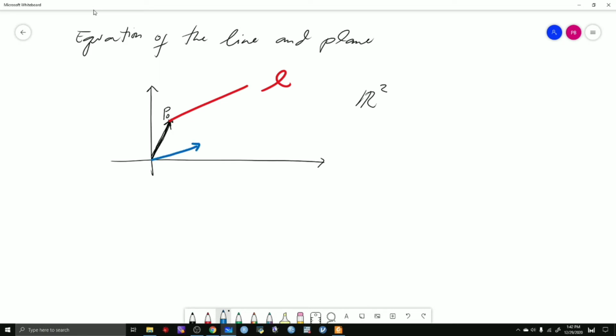So we call this vector V, V with the arrow above. So we have this (a, b).